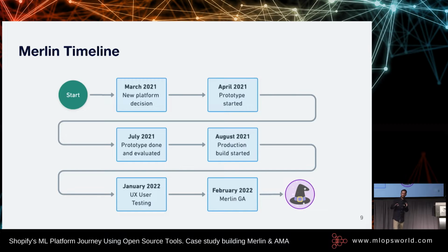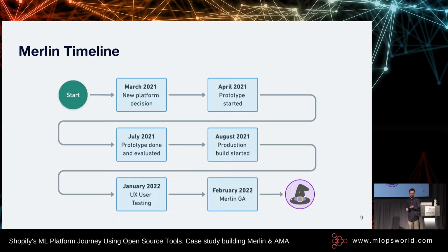Now, you see here the timeline and the journey, but obviously the work is never done. We do recognize that there are still gaps between what we want to have at the end and what we built, but it is production ready and users have started to use it with real use cases.